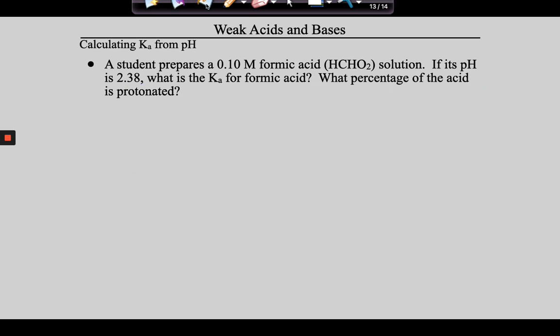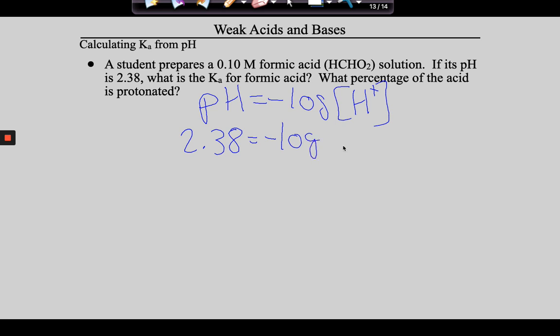So we're going to go pH is equal to negative log of hydrogen. 2.38 is equal to the negative log of the concentration of hydrogen.